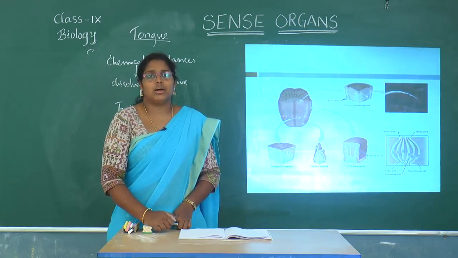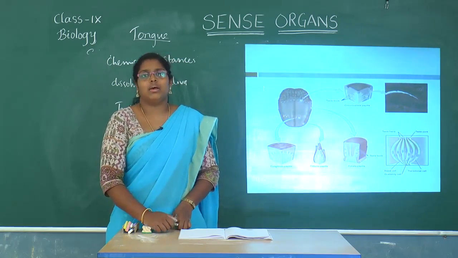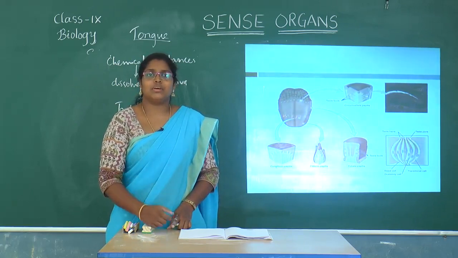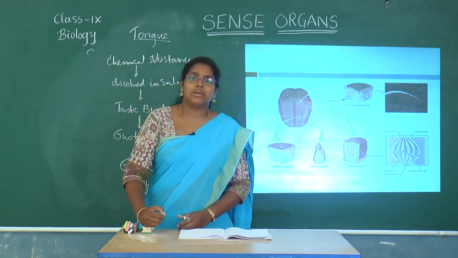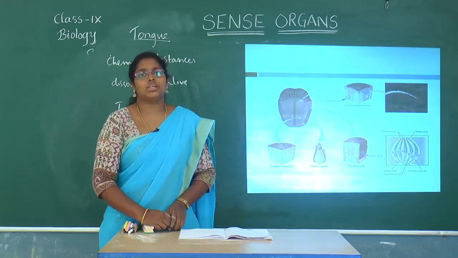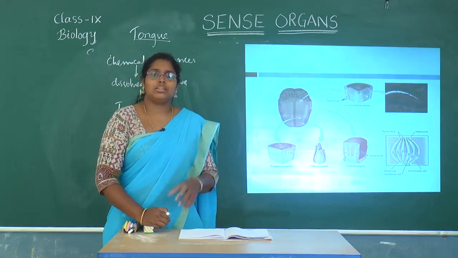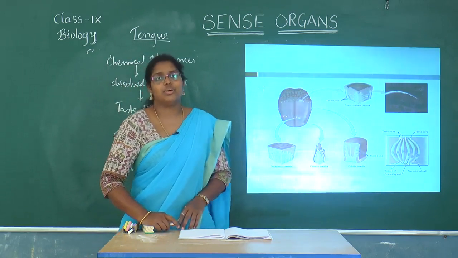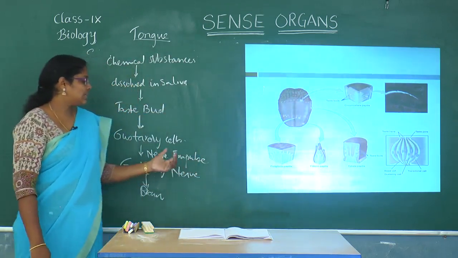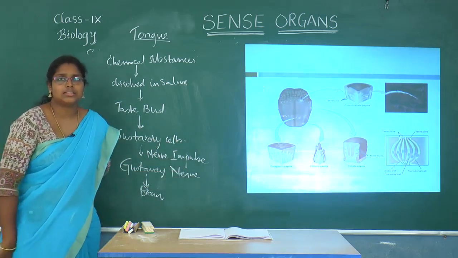If the foods contain high proteins, then we can have some sort of tangy flavor, and we can also see this flavor in the tasting salt monosodium glutamate, MSG, which is widely used in Chinese cuisine. So, we sense food with the help of the gustatory receptors present on the tongue, and the nerve coming from the tongue is the gustatory nerve.